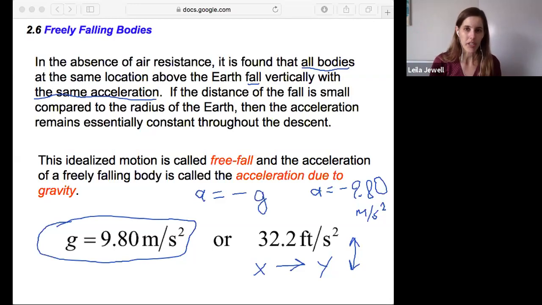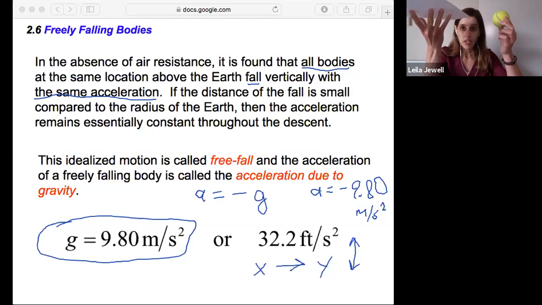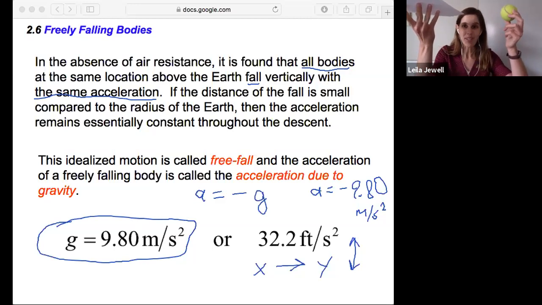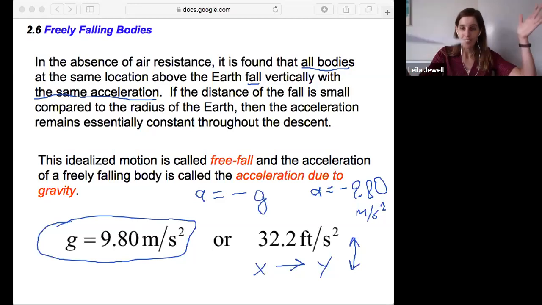So I want us to think for a moment, is this something we see, right? If I set up a competition between a piece of paper and a tennis ball and let these fall, are these going to accelerate at the same rate? Well, the good news is, because this is science, we can try it, right? So I will release them both on the count of 3. So 1, 2, 3.